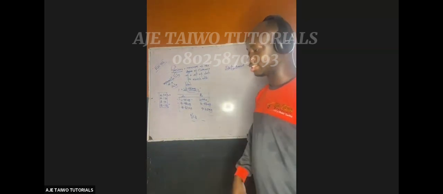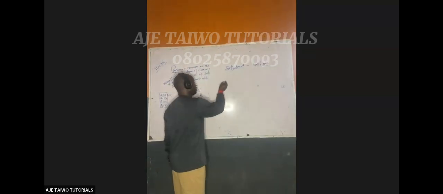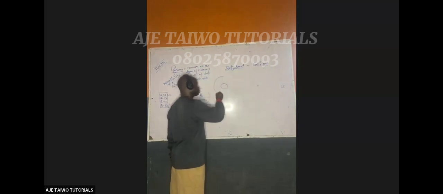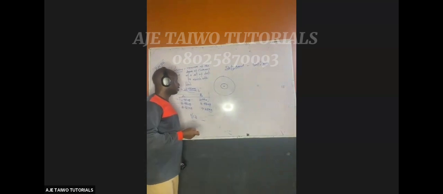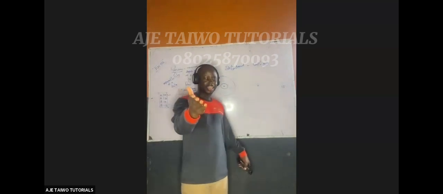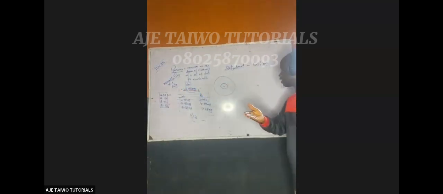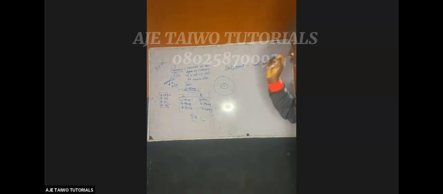Now, look at this dartboard. This is the dartboard, and this is the bull's eye. What's the target of this person that throws the dart? Where's the aim?